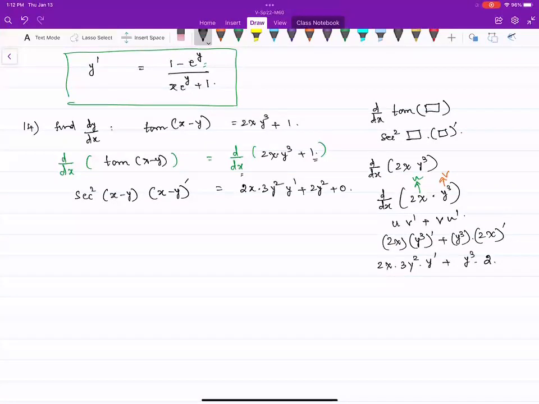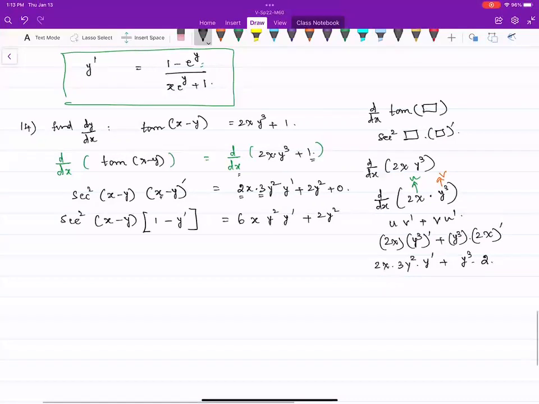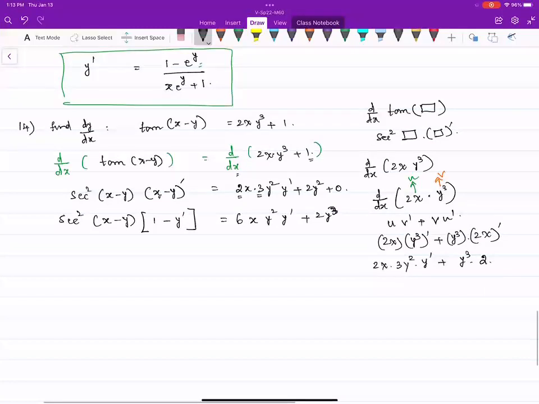That is 0. So if I rewrite this, it's secant squared of (x minus y) times the derivative of x, which is 1, minus the derivative of y, which is y prime, equal to 6xy squared y prime plus 2y cubed.